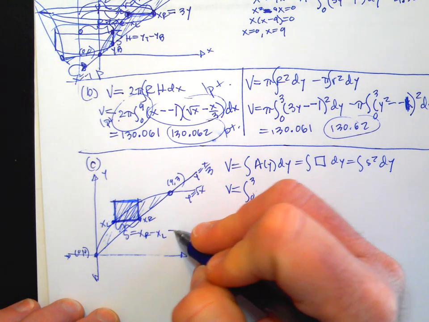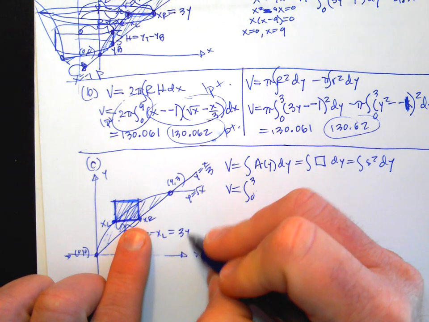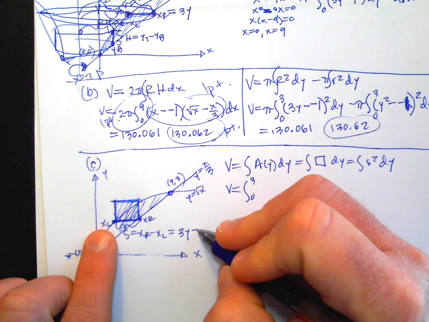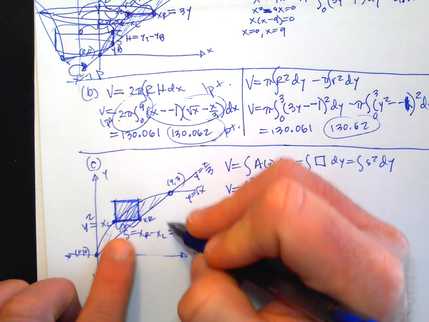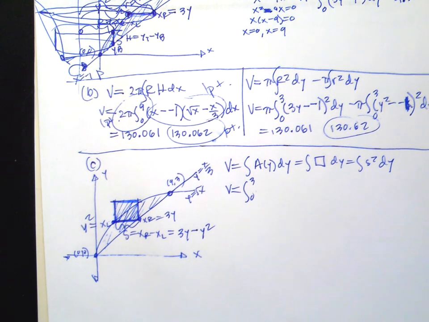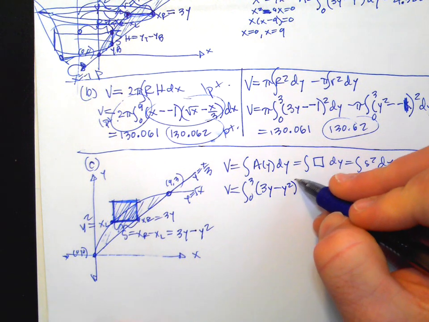In terms of y, x right is that line which we wrote up there, was 3y, and x left is that's y squared. So that's what's going to go in here, 3y minus y squared, dy.